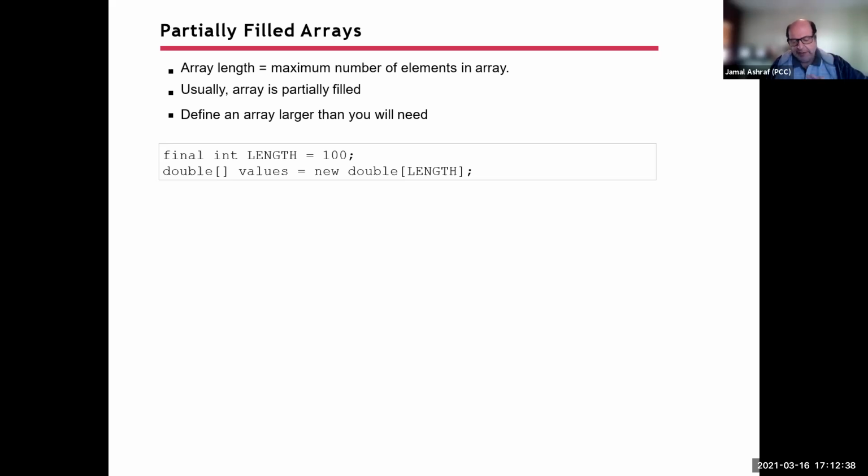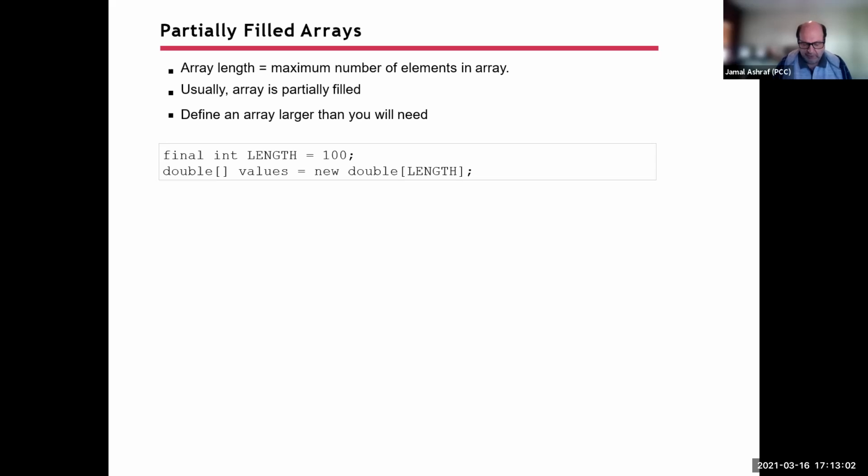If I created an array of size 30 and I have 24 students right now, I don't need to go through the whole array of 30 all the time. I just need to go to the numbers that I'm using. So that's when the partially filled array is going to come into play.